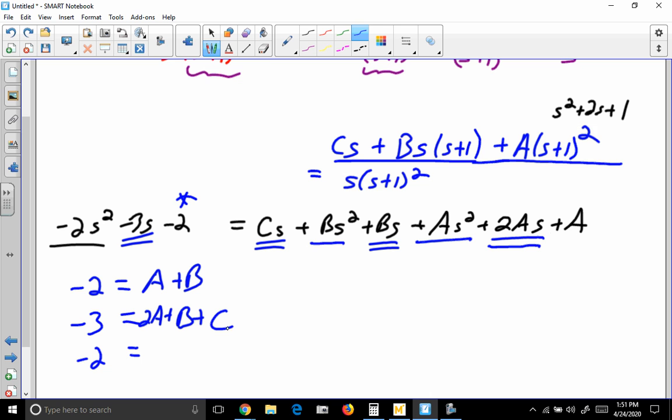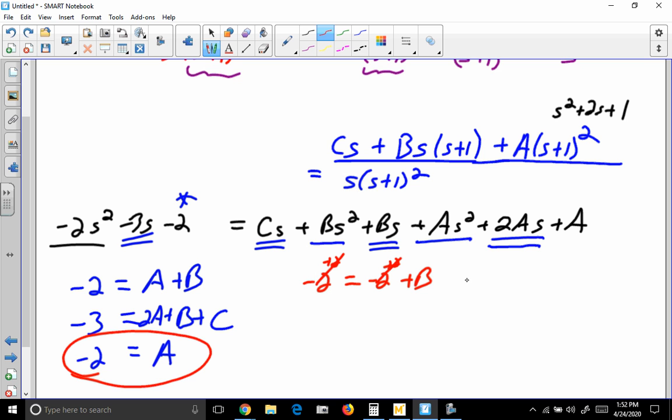On the right side, our only constant is a. So we know what a is. A is -2. We can substitute that into here. If a is -2, then -2 is -2 plus b. Move that to the other side, so we get that b is 0.